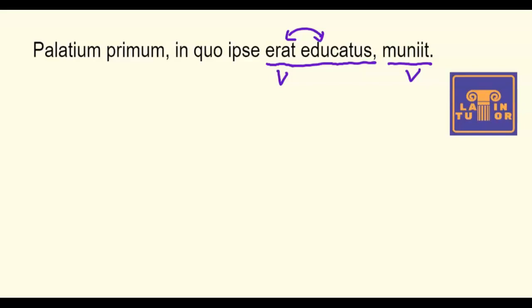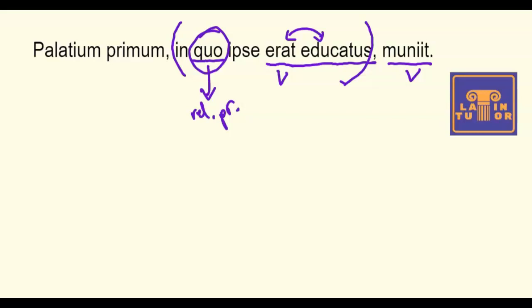So Palatium primum in quo, quo, interesting find. You will have learned before that quo is from qui quae quod, and it's a relative pronoun. So if what we have here is a subordinate relative clause, we can pretty much safely ignore it for the moment because it will probably only be giving us information about one of the words outside of it.